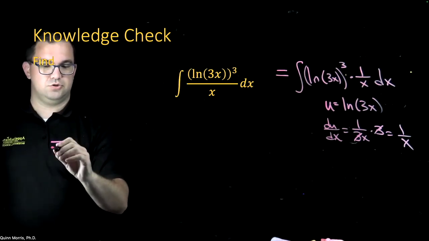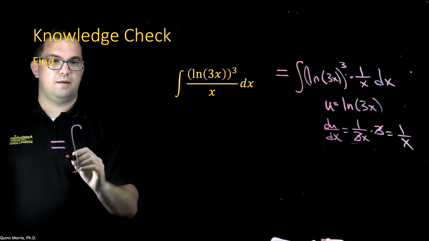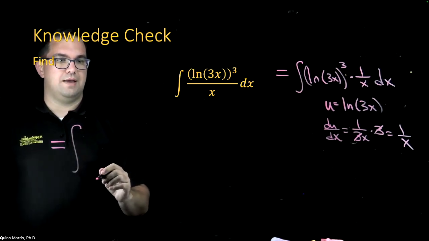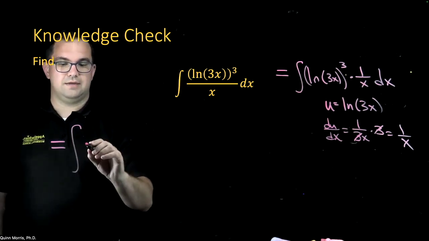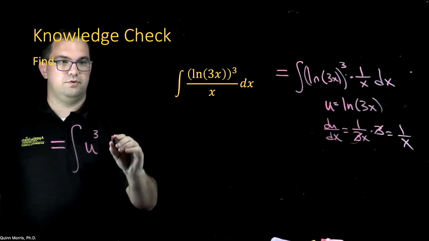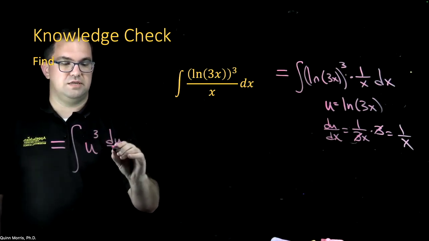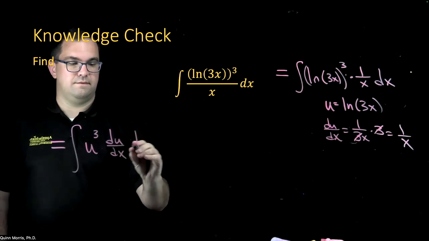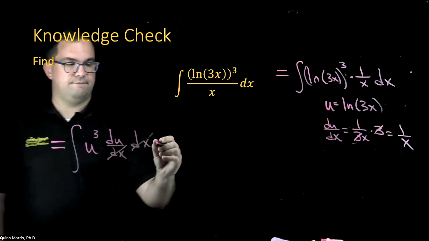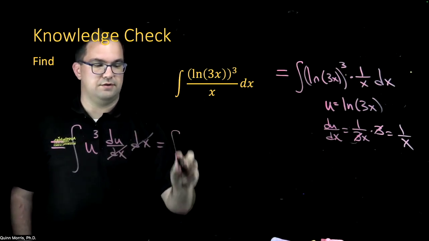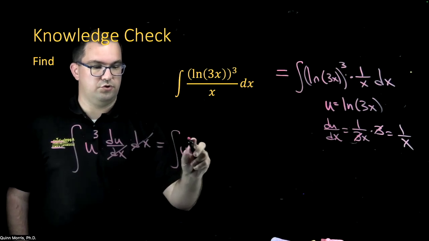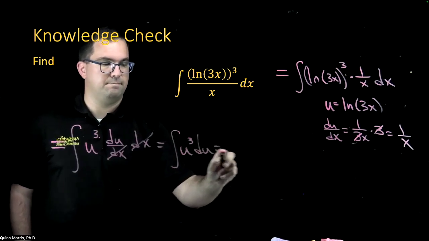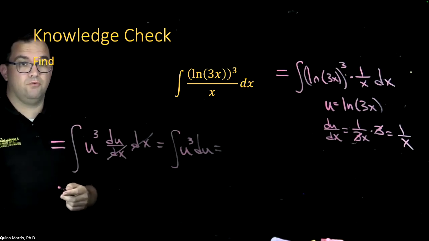If I make that substitution, my u is natural log of 3x, so it's going to be the integral of u cubed times du dx. That'll be the same as the integral of u cubed du. And now this is just a power rule problem.